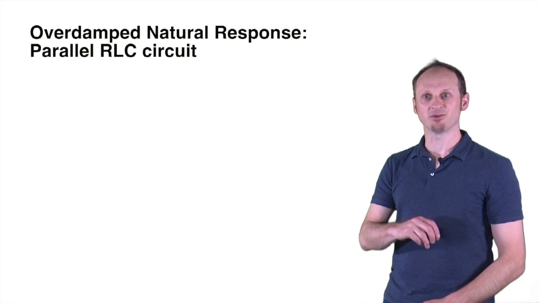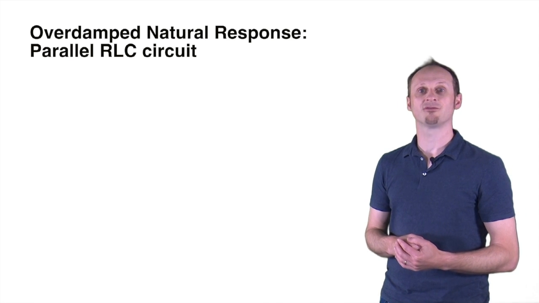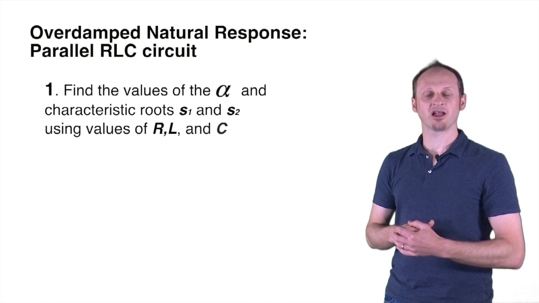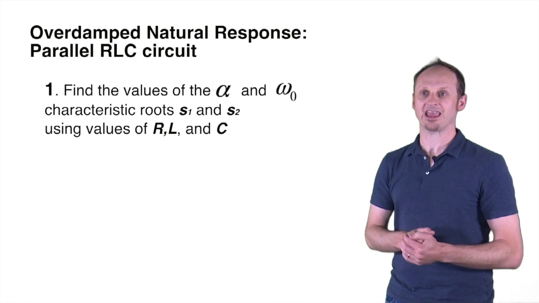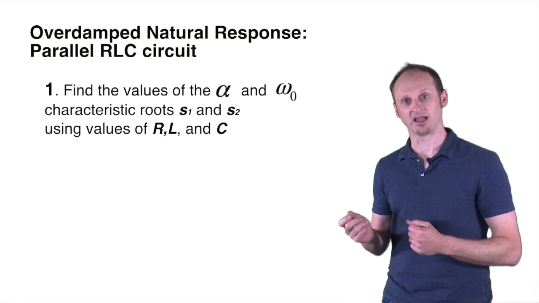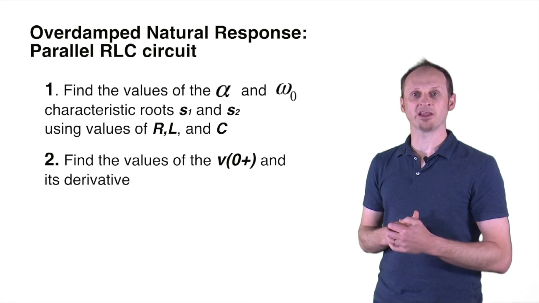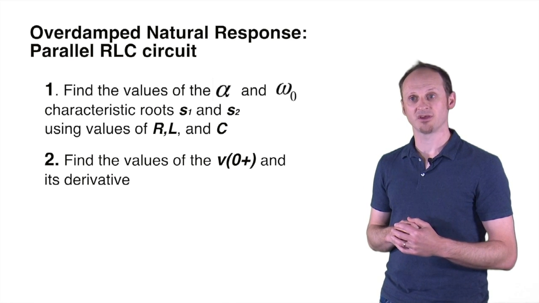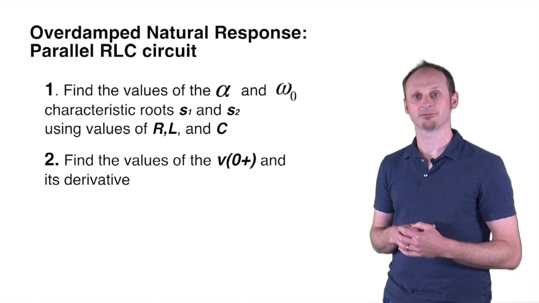So let's summarise what we've just seen, the process for finding the overdamped response for a parallel RLC circuit. Step 1, find the values of alpha and omega naught and the characteristic roots S1 and S2 using our circuit parameters R, L and C. Step 2, find the value of V at t equals 0 and its derivative using any old circuit analysis technique that you like.